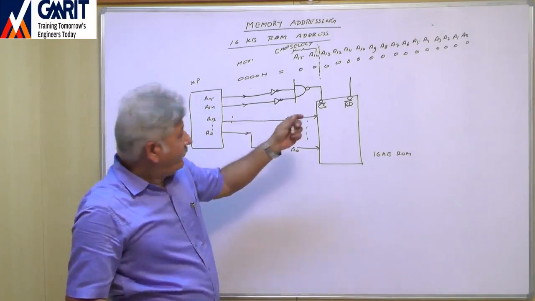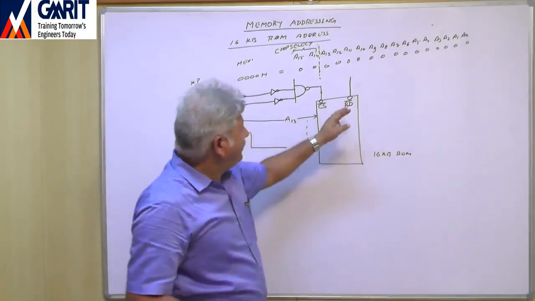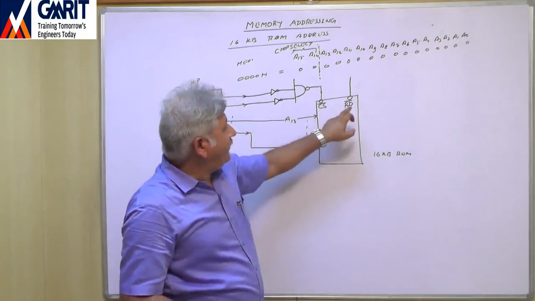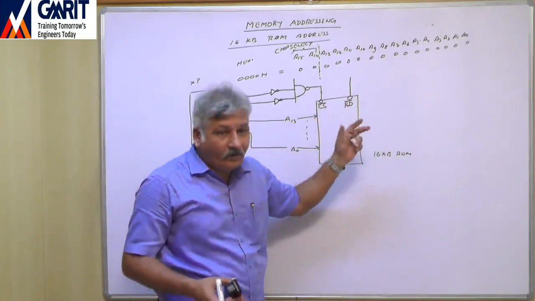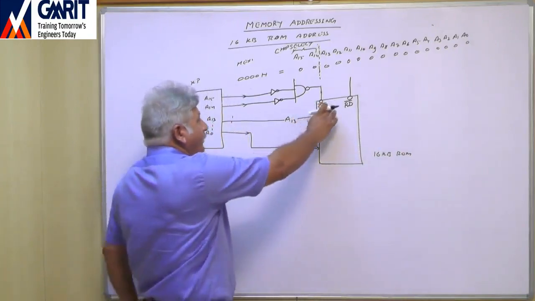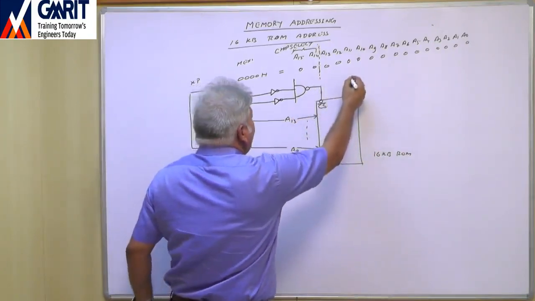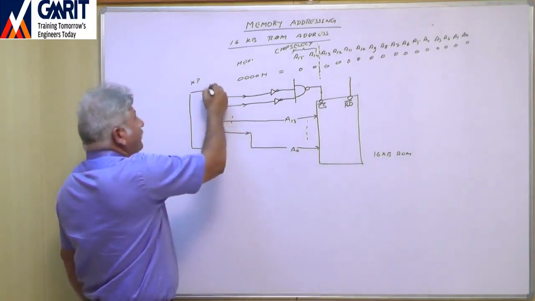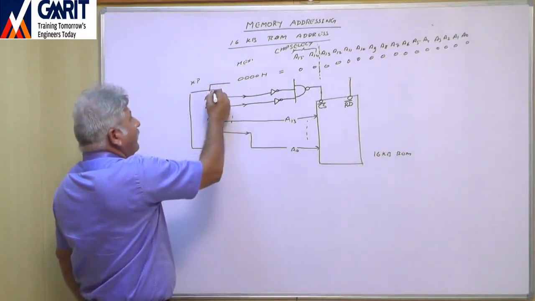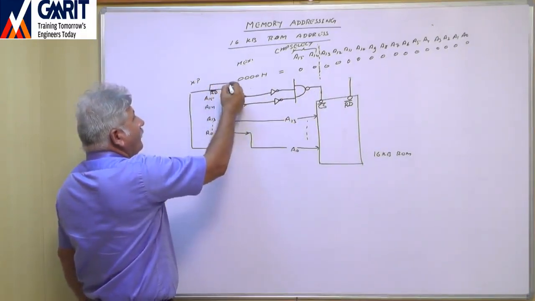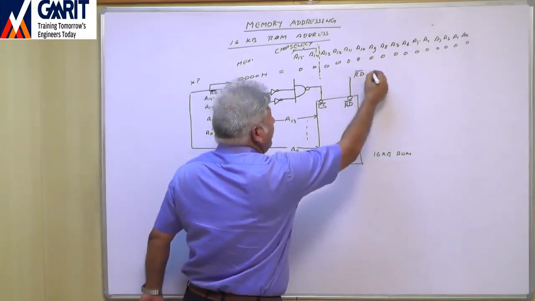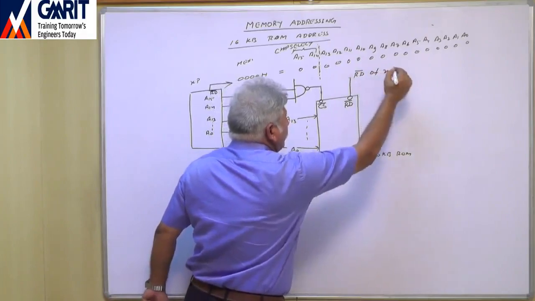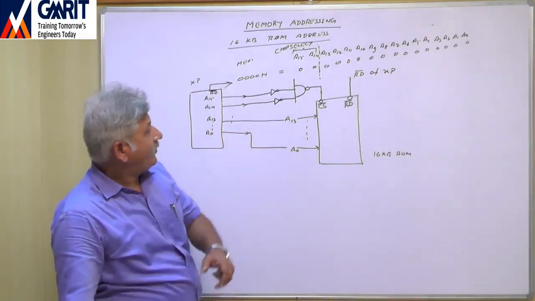In RAM we found that there is a chip select, a read bar, and a write pin also, right? But since in ROM we cannot write, we don't have that pin. Now this read bar will be connected to the read bar signal of our microprocessor, right?